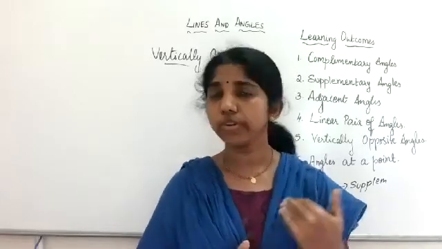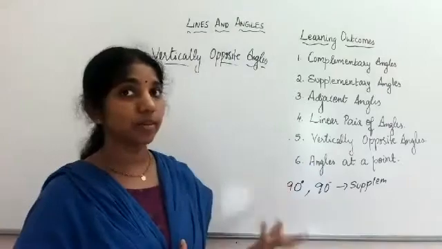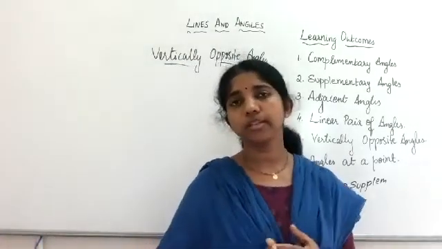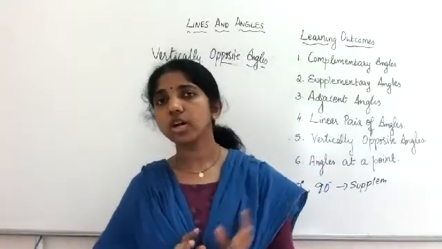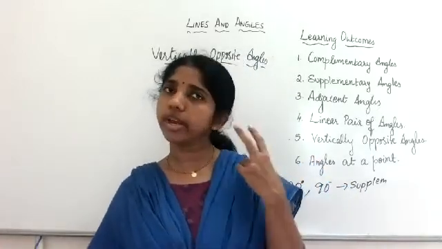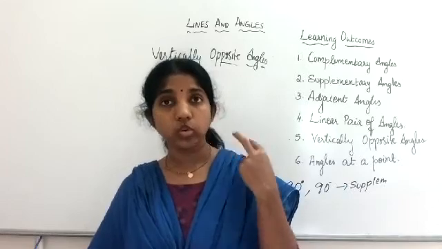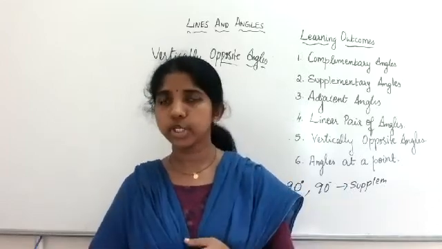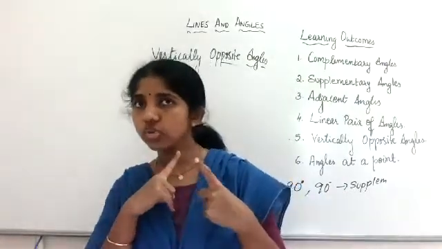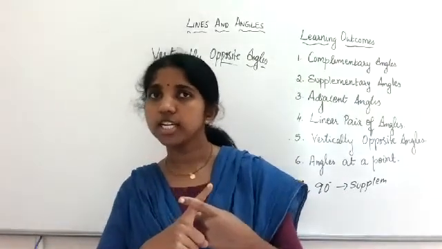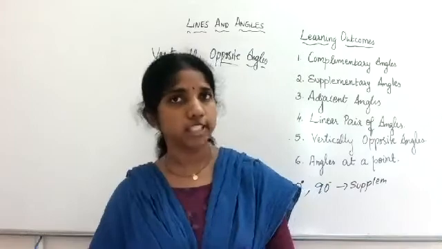So now we are talking about vertically opposite angles. When can we talk about vertically opposite angles? We can talk about vertically opposite angles when we have two lines. Those two lines have to intersect each other. If those two lines intersect each other, then we can define the vertically opposite angles.